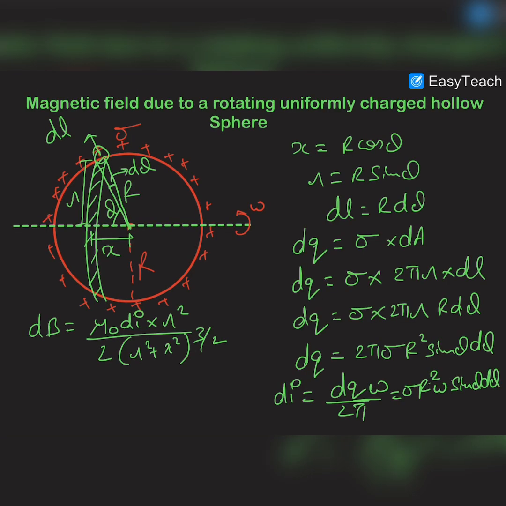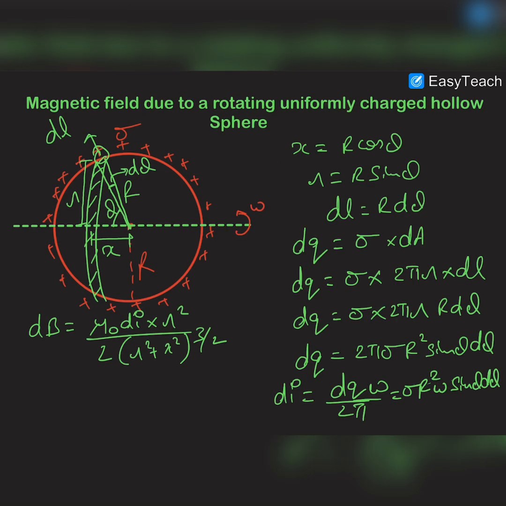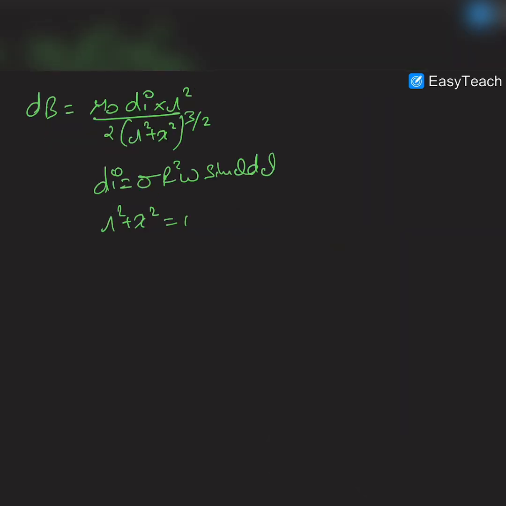Yeah, so dB will be mu naught di into r square divided by 2 (r square plus x square) to the power 3 by 2, where di is sigma R square omega sin theta d theta. Okay, and you can see that x square plus r square is equal to capital R square.